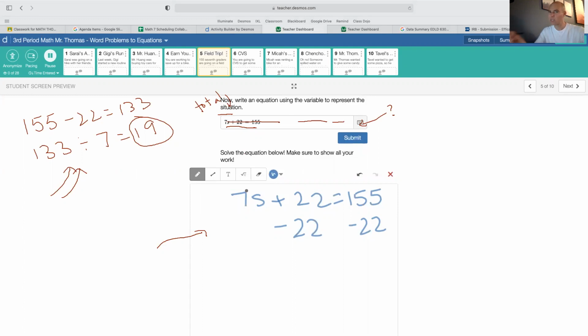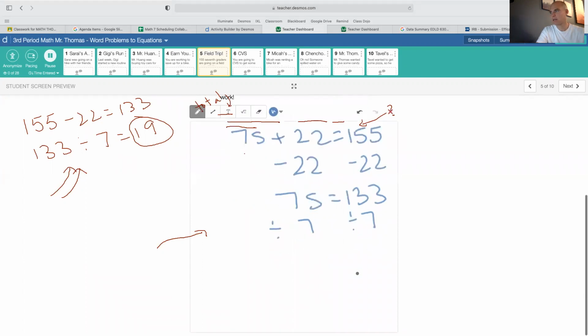So we're left with 7S equals 133. Same thing we got up there in the top left. And then I want to divide both sides of this equation by 7. And I get S equals 19.